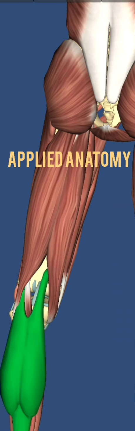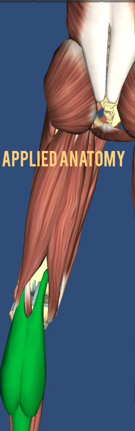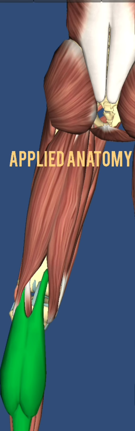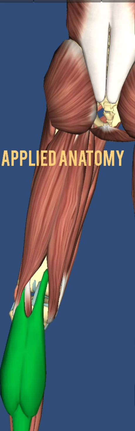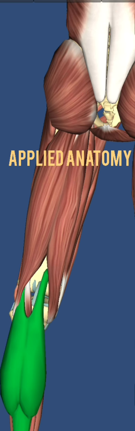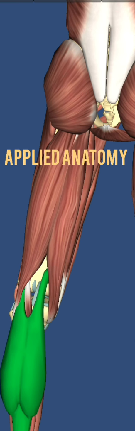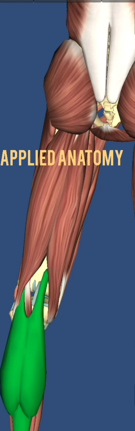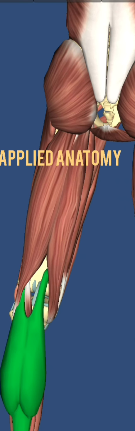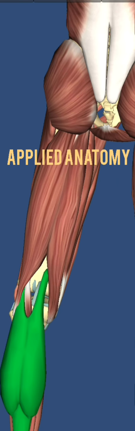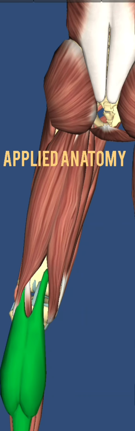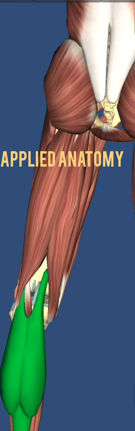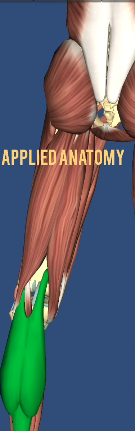The pulsations are best felt in the inferior part of the fossa, where the popliteal artery is related to the tibia. But for this to happen, the person has to be in a prone position with the knee flexed to relax, so that the popliteal fascia and hamstrings can be relaxed. That's the only way the popliteal pulse can be felt.